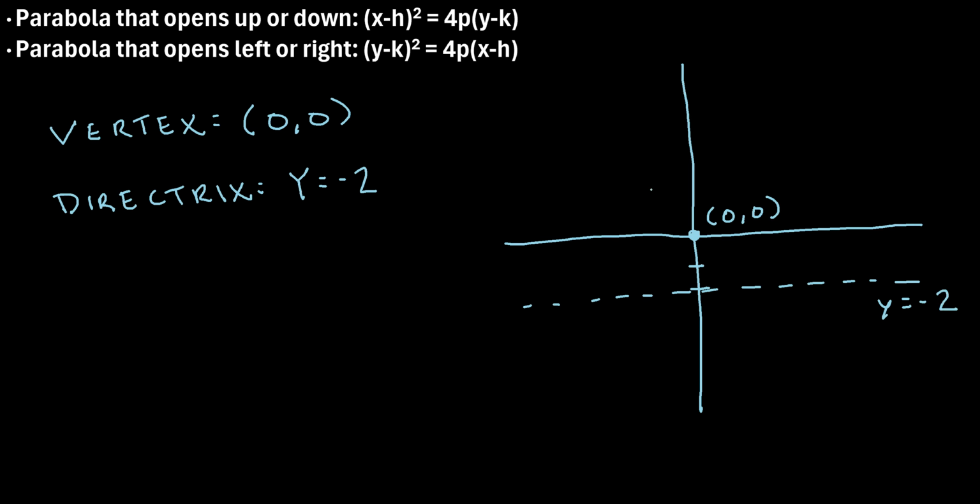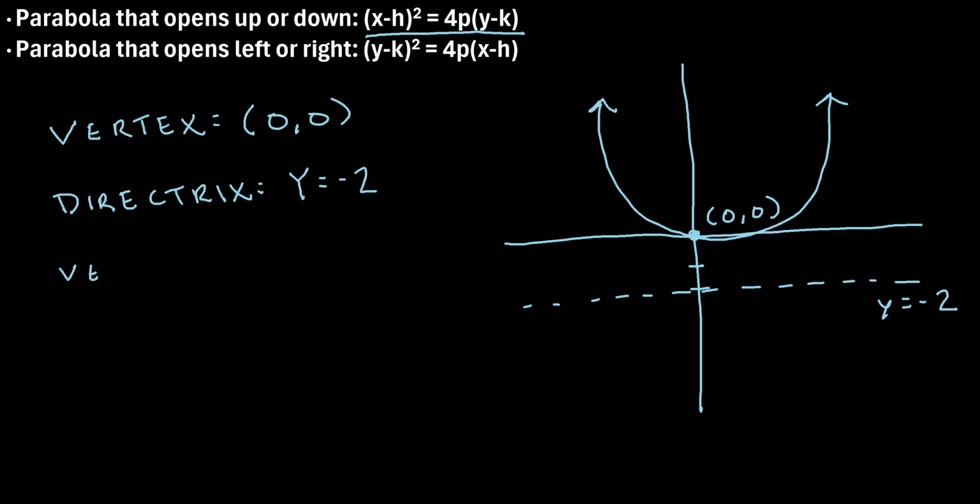Well, once again, we need to recognize that the parabola opens away from the directrix. So it will open up in this direction, away from the directrix. So we have a parabola that opens up, so we'll be using this first equation right here. We need to figure out what h is, what k is, and what p is.